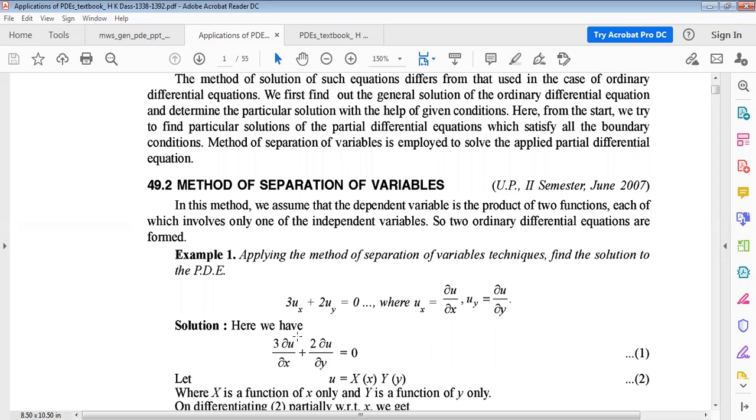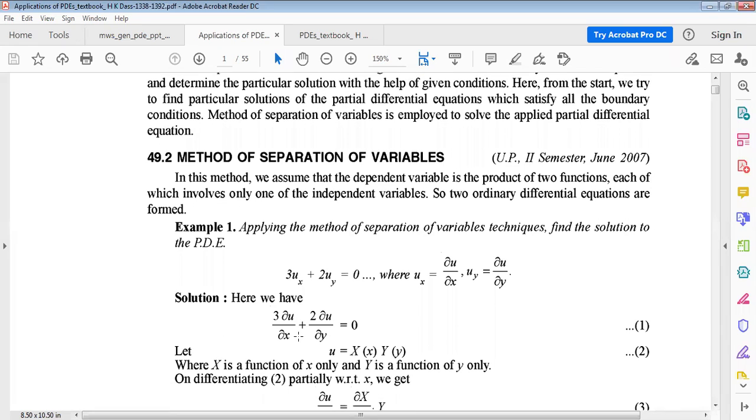Actually, we are trying to solve a partial differential equation by applying what? By applying the method of separation of variables, right?